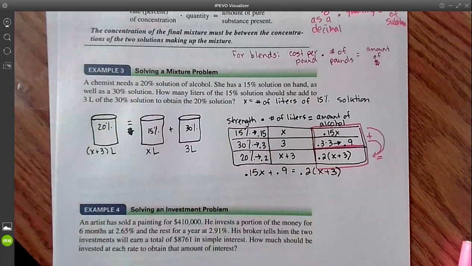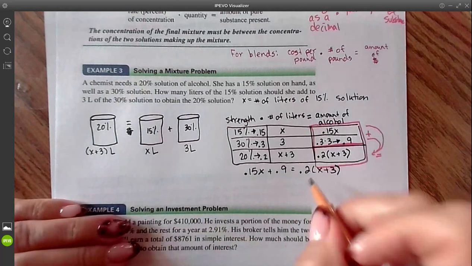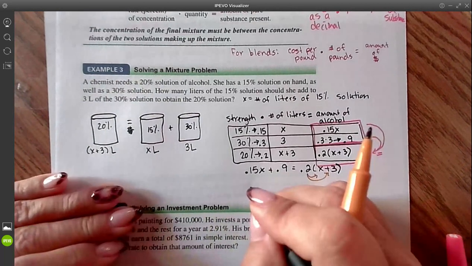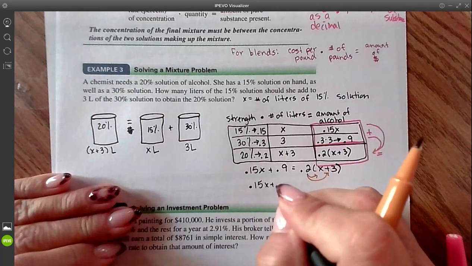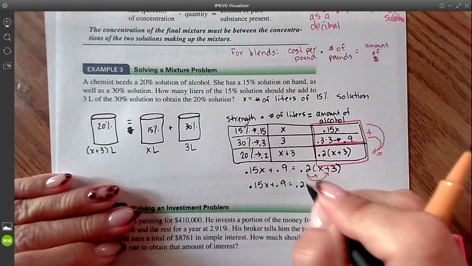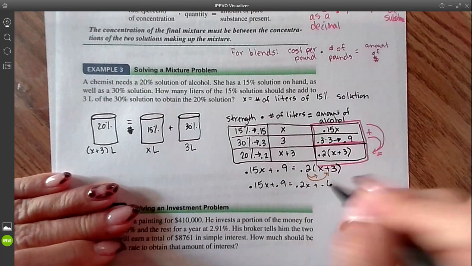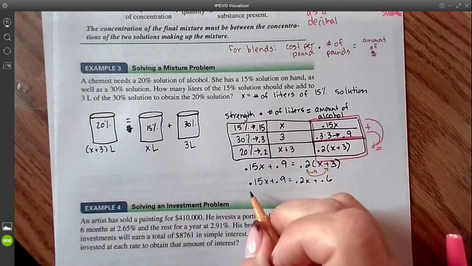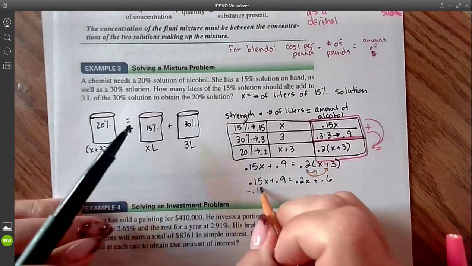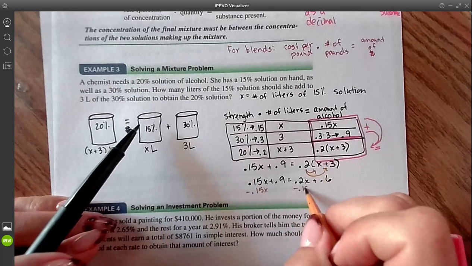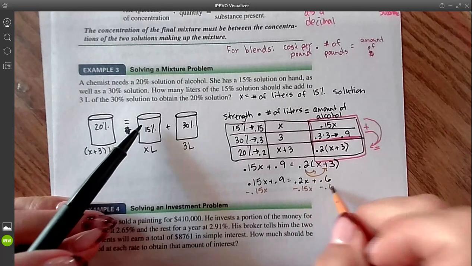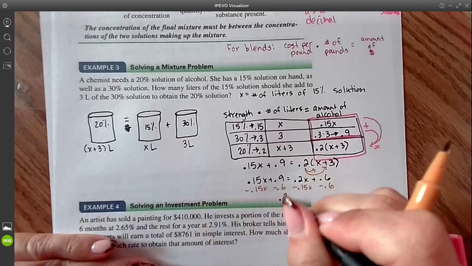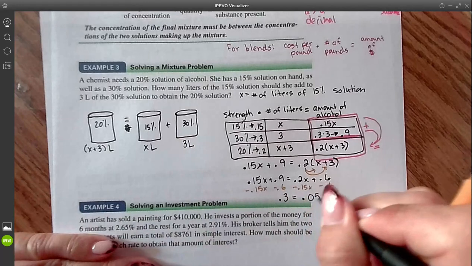And then go ahead and solve that little equation. Distribute your 0.2. So 0.15x plus 0.9 equals 0.2x plus 0.6. Subtract. Again, I'm going to try and get positive coefficients. So I have 0.3 equals 0.05x.